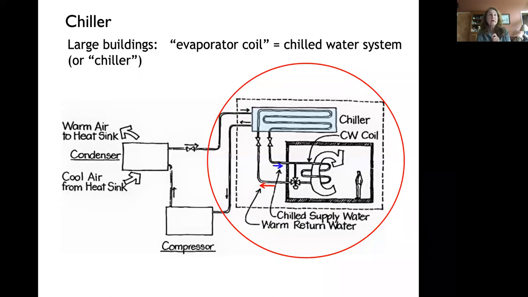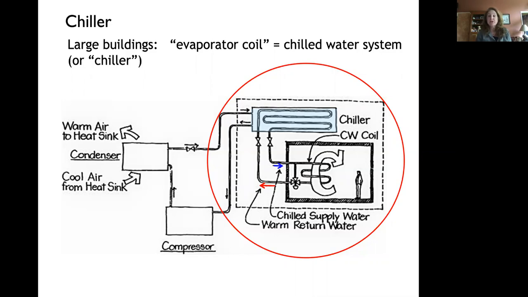Now, similarly, on the evaporator side, the evaporator is the cold side. This is where you might want to cool a building. Again, you're going to replace the air with water. And when you do that, a term that's often used is the chiller. When you hear the word chiller, it's just the evaporator side of the refrigerant cycle, but you're now chilling water rather than cooling air directly.